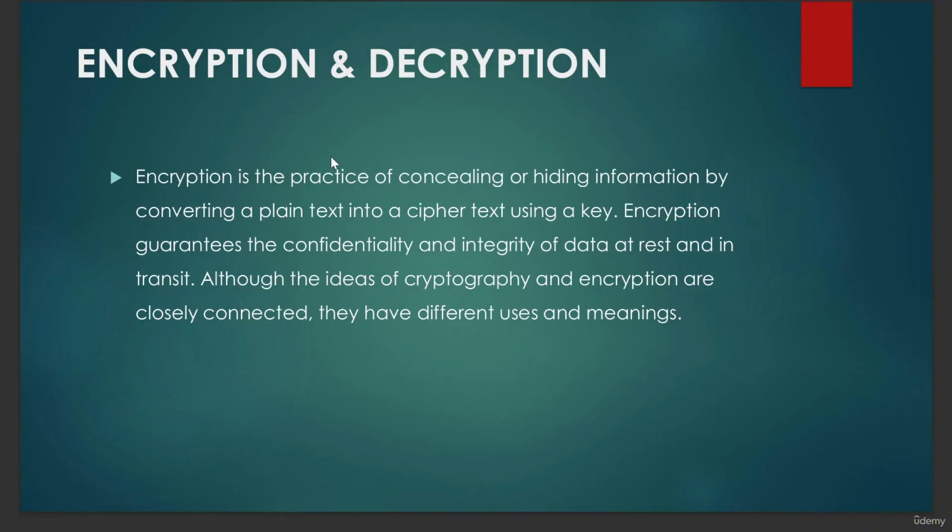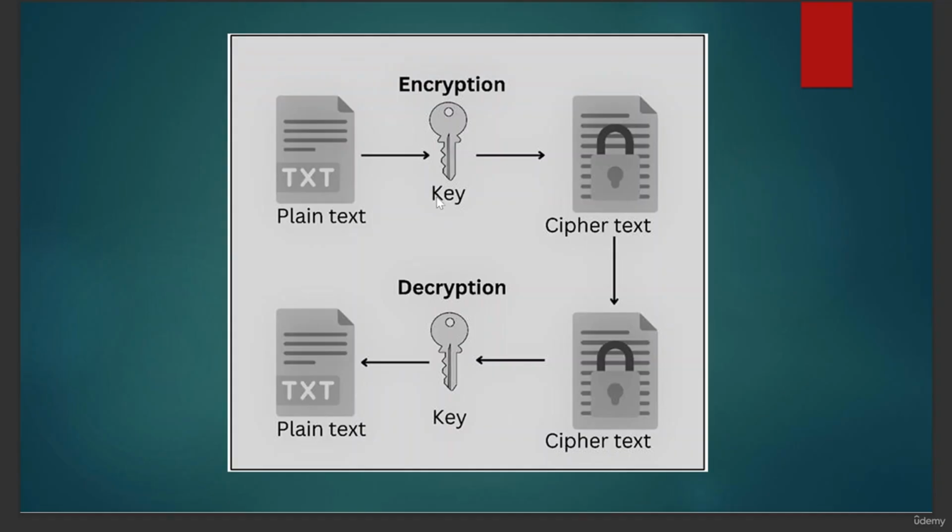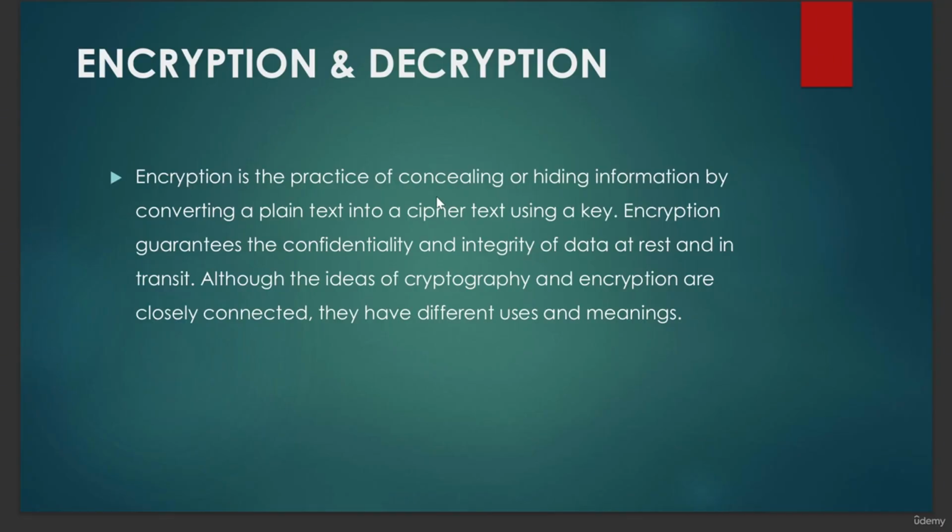Right, so here we talk about encryption and decryption. It was necessary for me to show you this picture so that you have a clear visual representation of how encryption and decryption takes place.